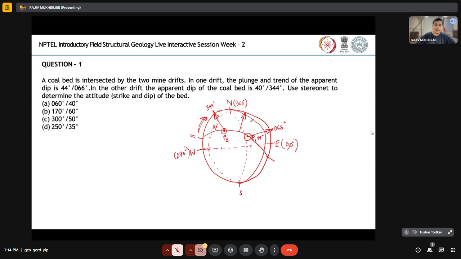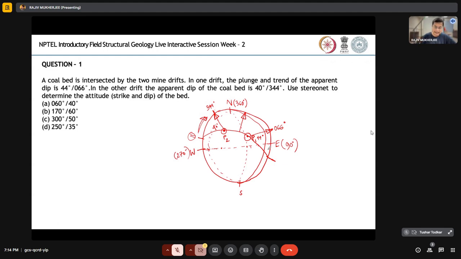Now we should focus on the options. So this is the strike end we are looking for, right? Not this one, because if this is the strike end for which the dip direction has to be marked, and we exactly follow the right hand rule, then obviously the plane has to dip in the opposite direction.